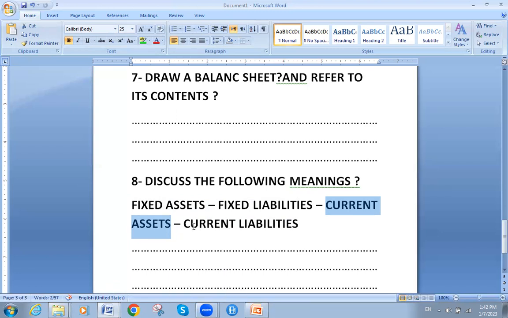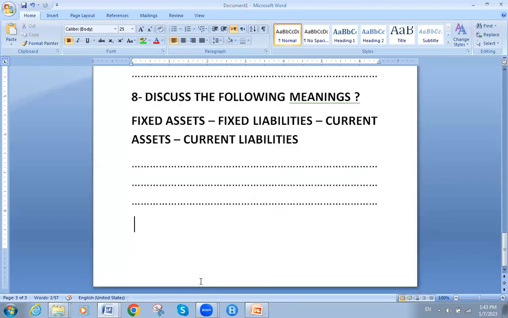Here, the current liabilities. What are the current liabilities? Current liabilities are those short-run debts or short-run obligations on you. So if the fixed liabilities are long-term obligations, current liabilities are short-term obligations.